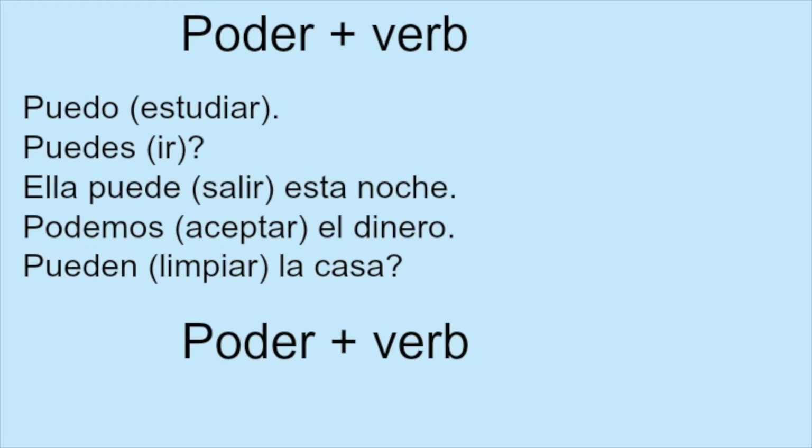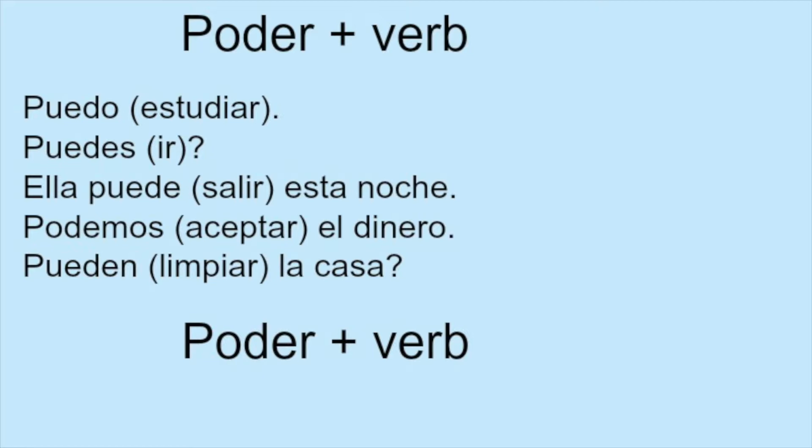Yes, that's the direct translation. However, in English, to make it make sense, we have to get rid of "to." So puedo estudiar is not saying I can to study. It's puedo estudiar, I can study. You get rid of the "to." Puedes ir? Can you go? Okay, so that's what these mean.